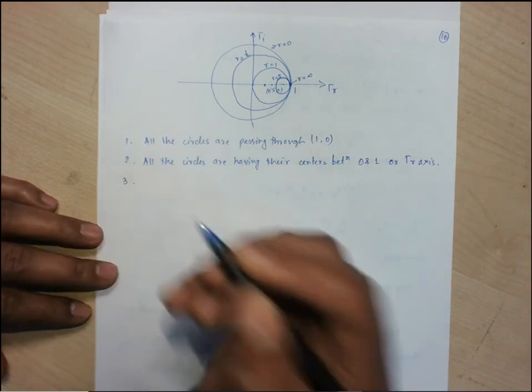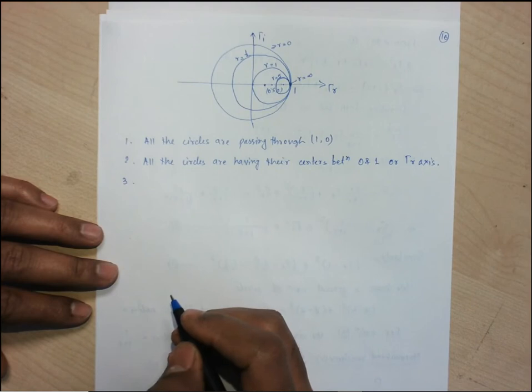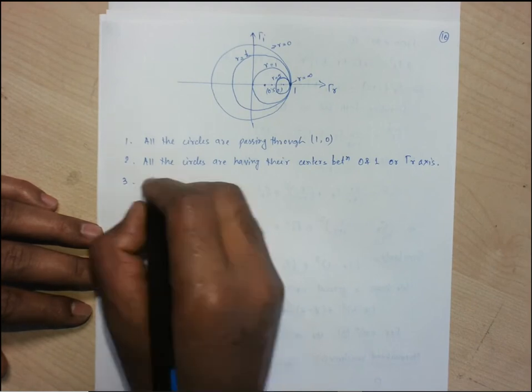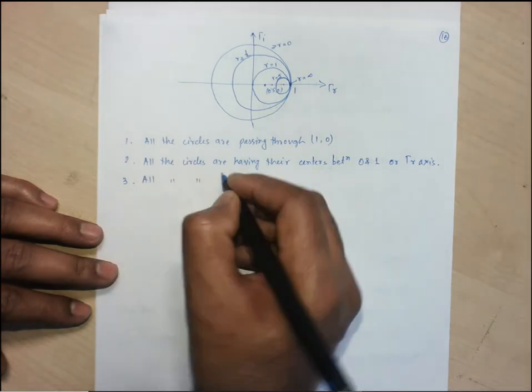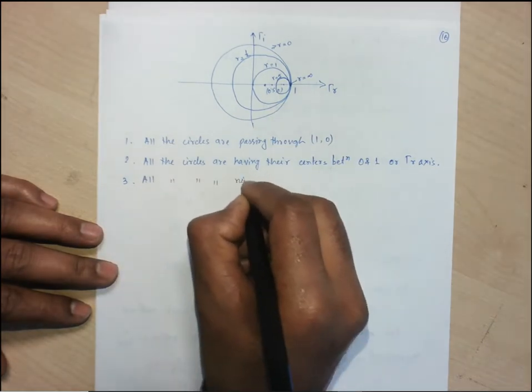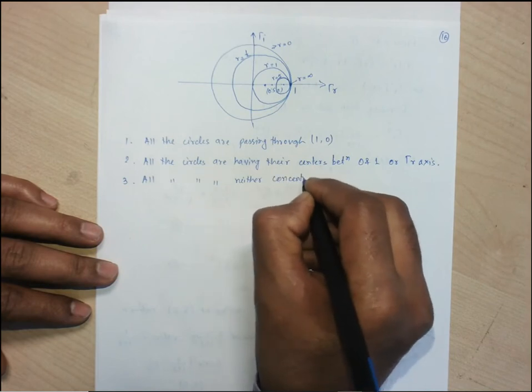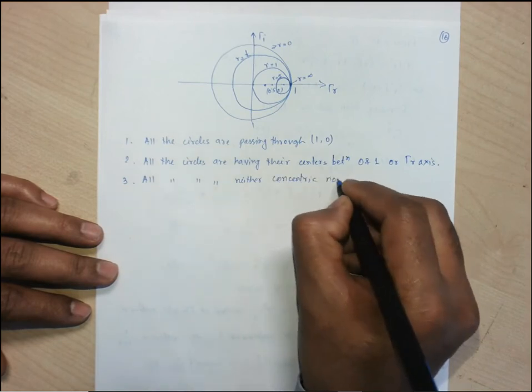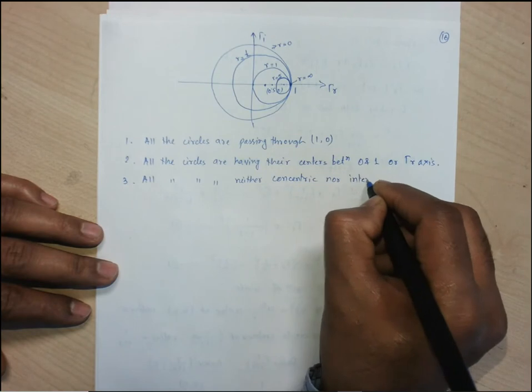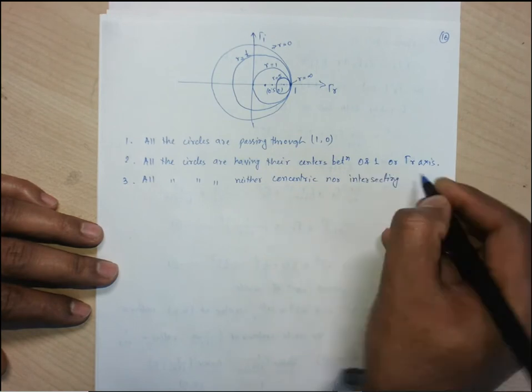Third observation: all the circles are neither concentric nor intersecting with each other.